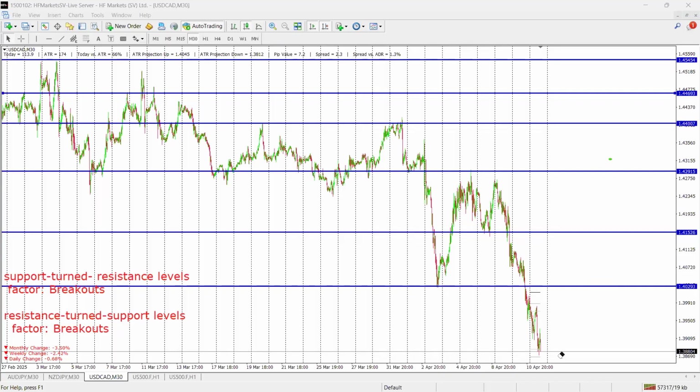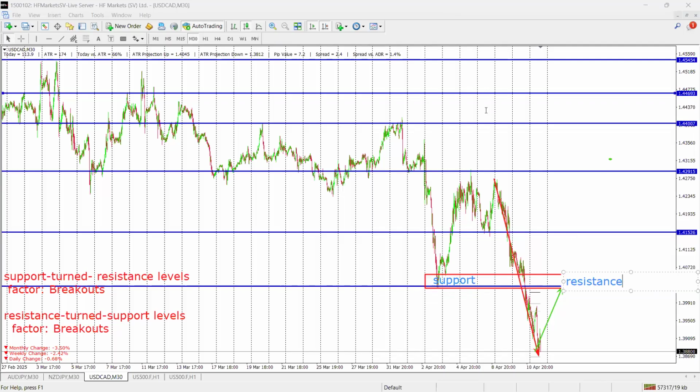So if I was looking for a pullback because I wanted to sell this particular asset, I could wait for a pullback to this level. Why am I choosing this level? Because this level now is a resistance point. It was initially a support, but because it has been broken, it became a resistance.